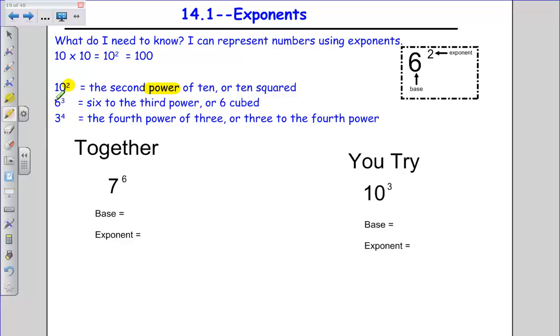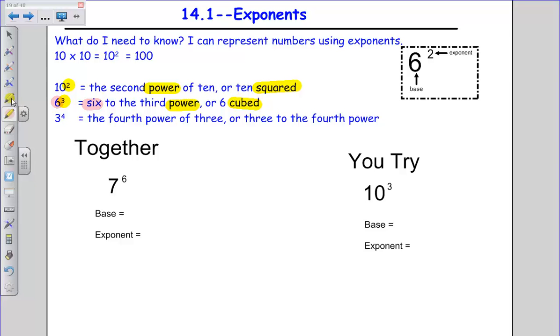If my base of 6 is to the third power, my exponent is 3. Cubed also means 3. So the exponents of 2 and 3 are kind of special, because if something is to the second power, it's always squared, and if something is cubed, it's always to the third power.